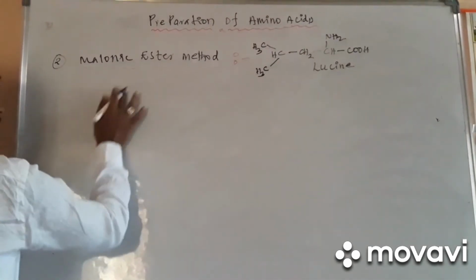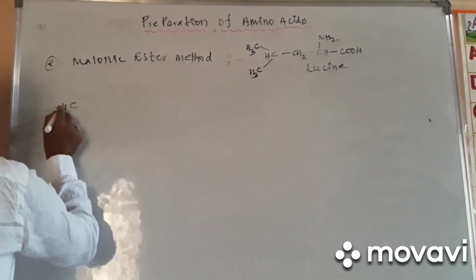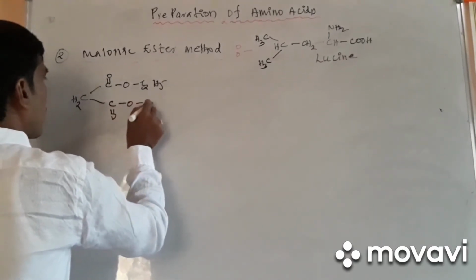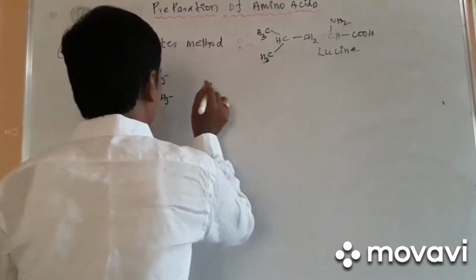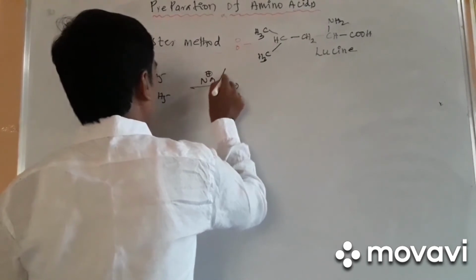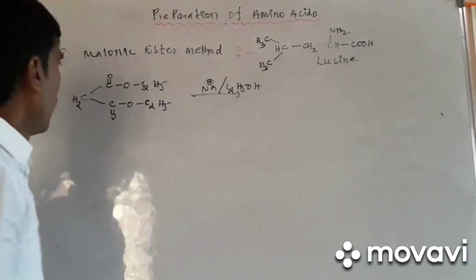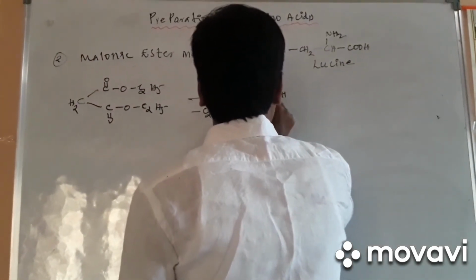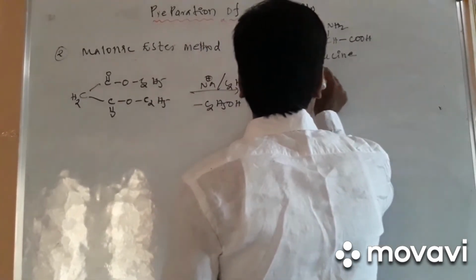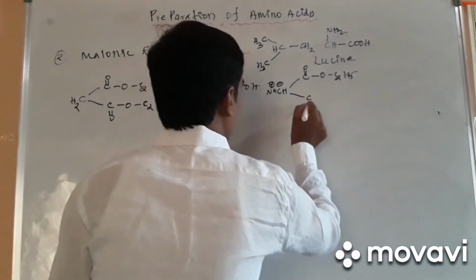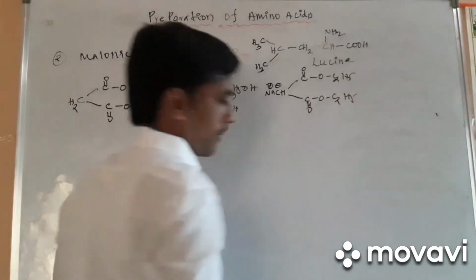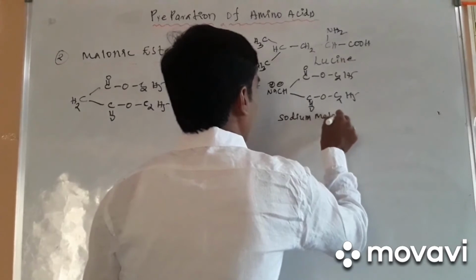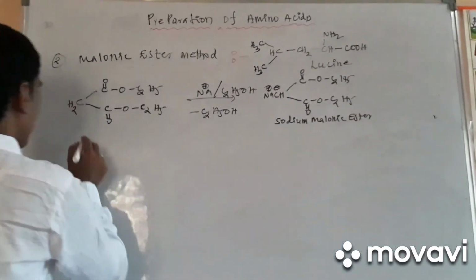We already know, that is malonic acid ester. The formula is CH2, C double bond O C2H5, C double bond O C2H5. This reacts with sodium metal in the presence of C2H5OH, that is ethyl alcohol, with elimination of C2H5OH, to produce CH minus Na plus, next C double bond O C2H5, next C double bond O C2H5. This is called sodium malonic ester.